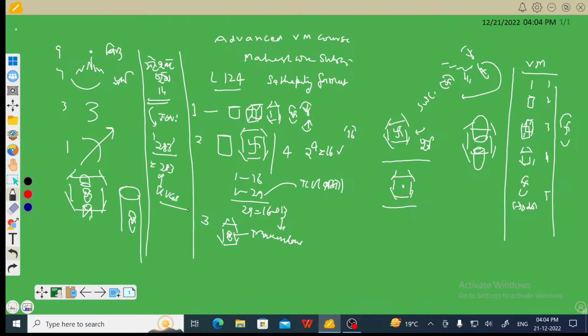Further, as we have seen, the sum of the Anubandhas of these 14 are 19 for the first 4 for the vowels, and 47 is for the vyanjans, the consonants. 283 minus 47 is 236, which is precisely the total number of letters of Ganita Upsutras.